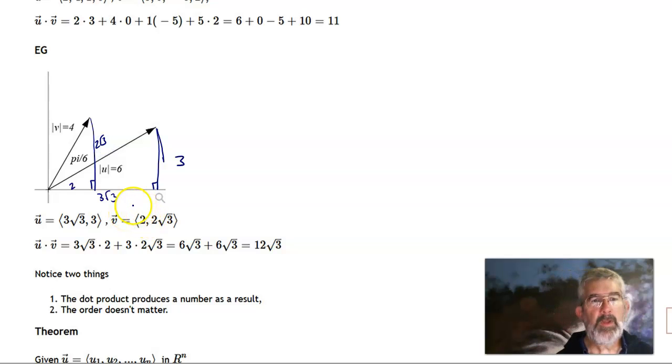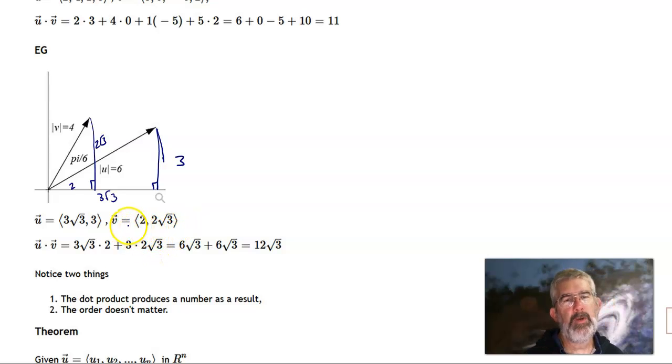So the first one, u, has x component 3 radical 3 and y component 3, and the other is 2 and 2 radical 3. And so when I look at the dot product of those two, multiply the first components together, multiply the second components together, I get 6 radical 3 plus 6 radical 3 is 12 radical 3, which is exactly what we got when we looked at this with the geometric approach.